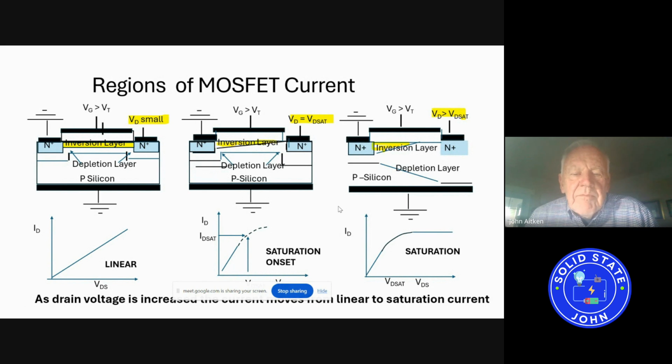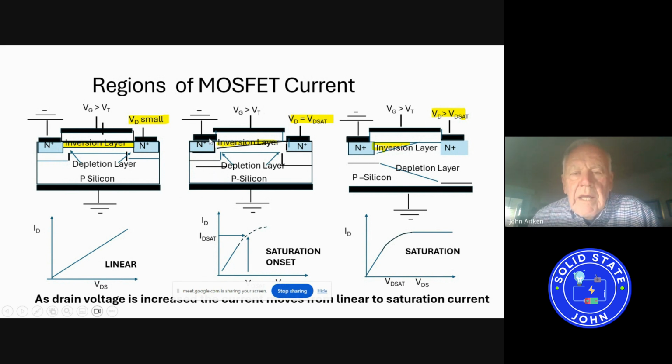This diagram shows the regions of the MOSFET current. In cases where the gate voltage, which is applied up in here, is greater than the threshold voltage, the inversion layer will form and a current will be carried between the source and drain voltages in the device.